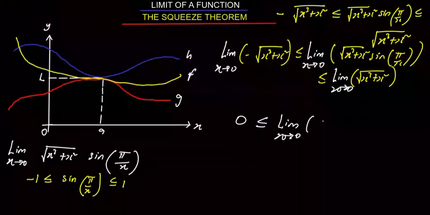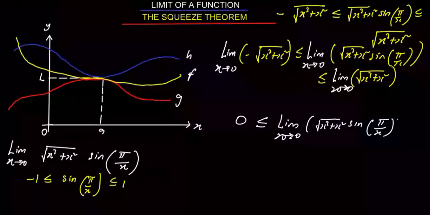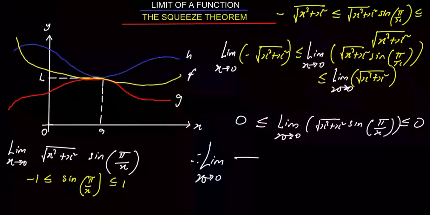That's what I'm trying to look for. And also this other part will give me 0. You can see since this is squeezed between 0 and 0, therefore the limit as x tends to 0 of square root of x cubed plus x squared sine pi over x will also be equal to 0. So that is the squeeze theorem.